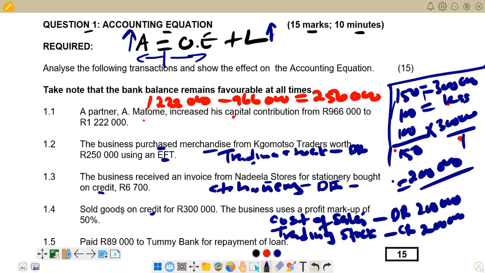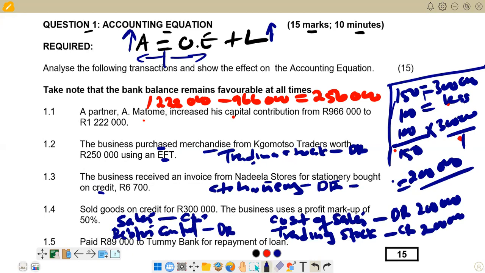Then the other double entry that we have there is sales and debtors control. Sales, obviously, we know that we credit sales. Sales is always credited, and then we debit the debtors control. And the amount that we are going to use there is 300,000, its selling price.